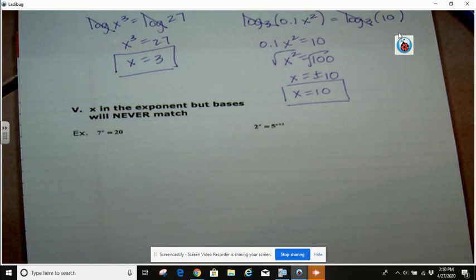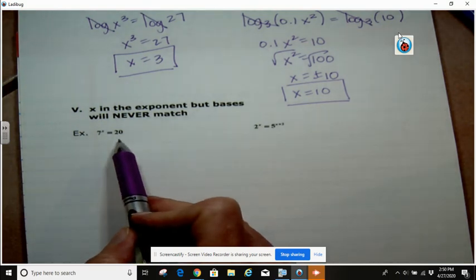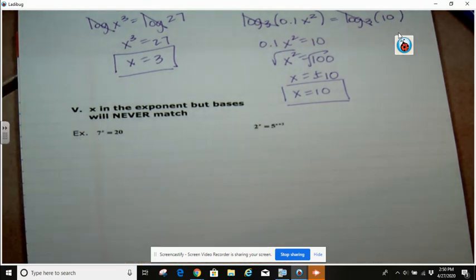And here, that's impossible. There's no way to rewrite a 7 or a 20 to make them have the same base. 7's prime, and I certainly can't write 20 in terms of 7 to some power. So if it's exponential, where x is in the exponent, but it's impossible to make the bases match, we're going to use logarithms to help us solve these.